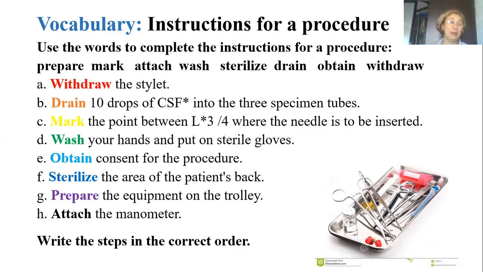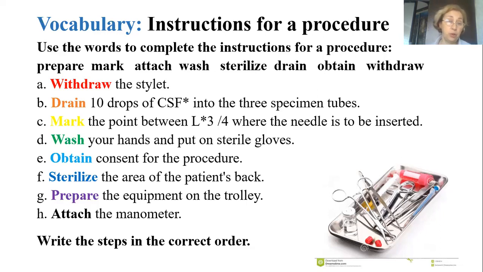Okay, so you wash your hands, and then with your gloves on, you come to the patient and ask him to sign the agreement, right? If it is a very serious procedure. Okay, possible. I think obtaining consent can be done as the first step.